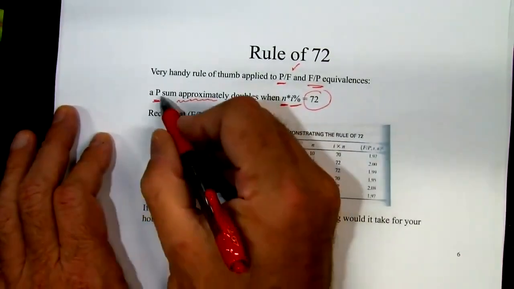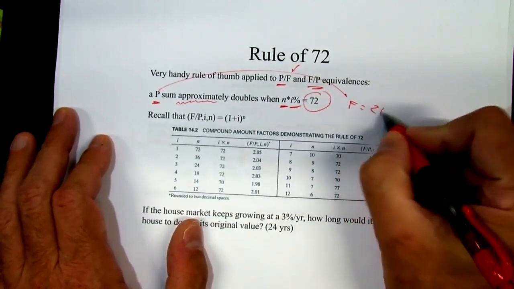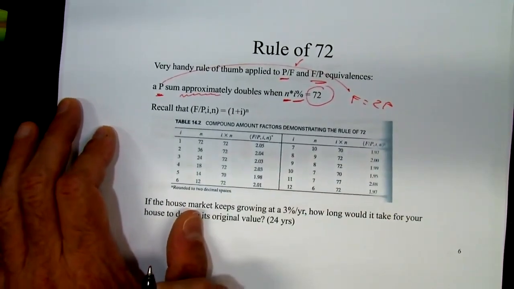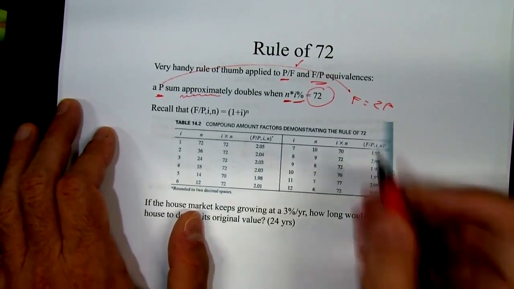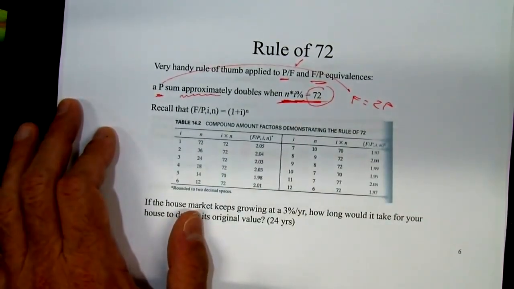Then your P will become F equal to 2P. So it will double. Okay, that happens whenever this product is verified right here.